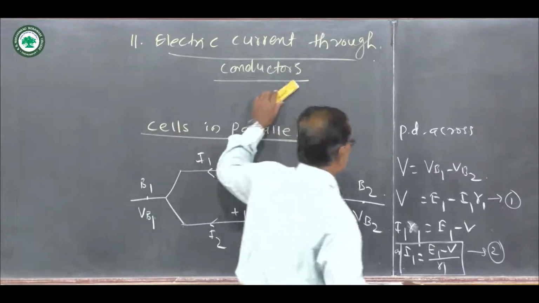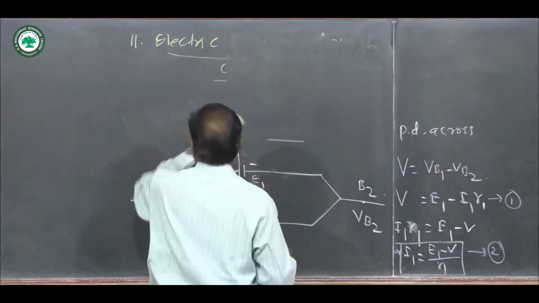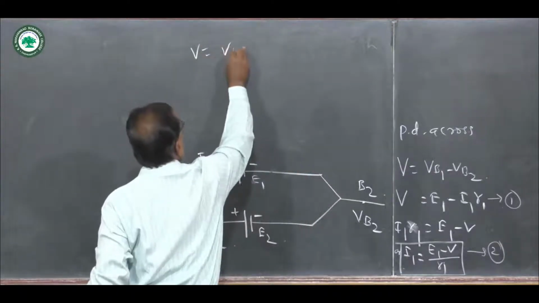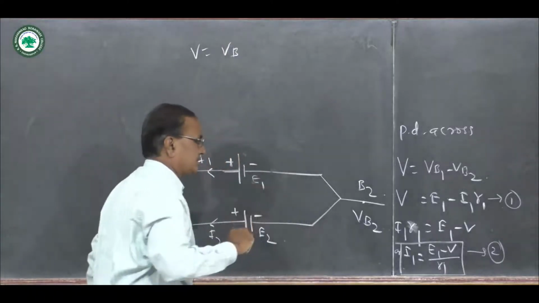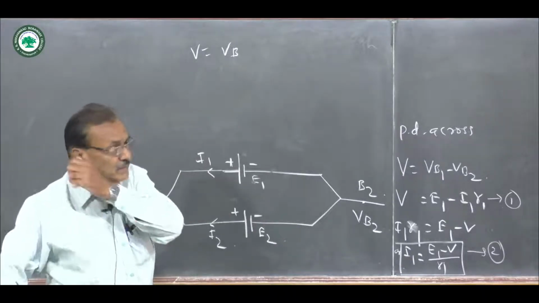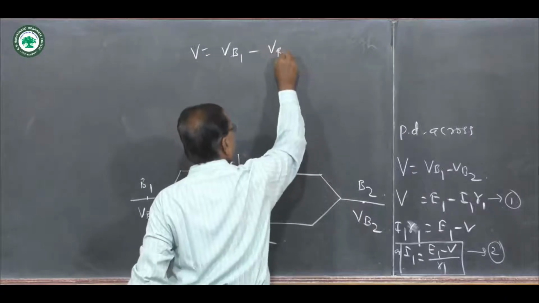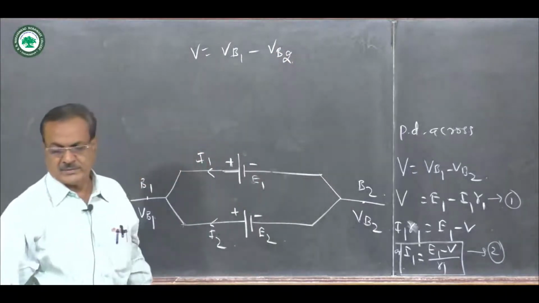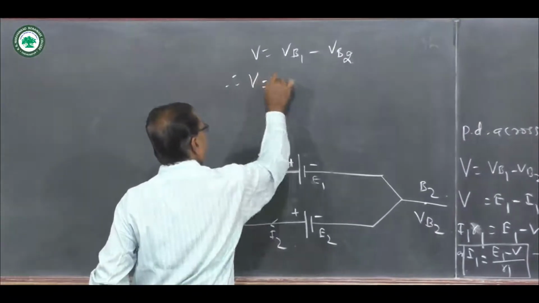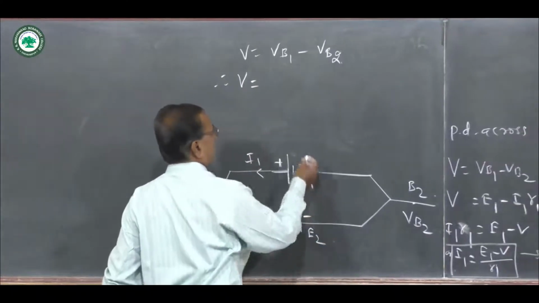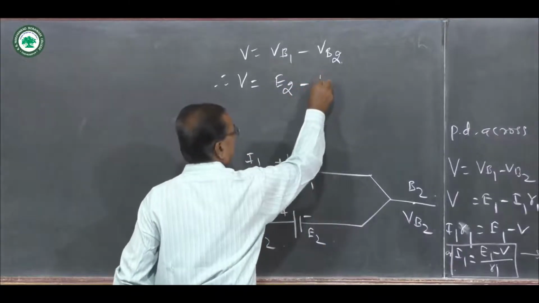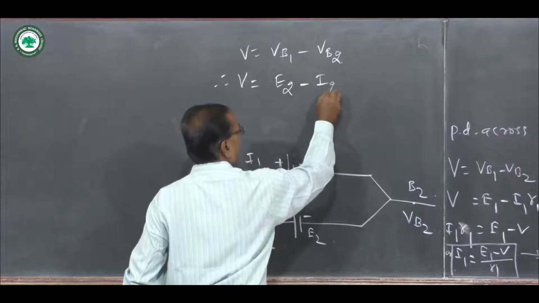So for the second cell, the potential difference V is equal to E2 minus I2 R2, where R2 is its internal resistance.